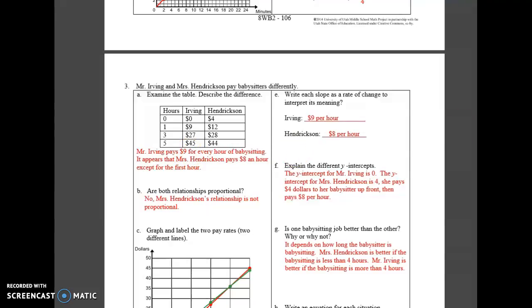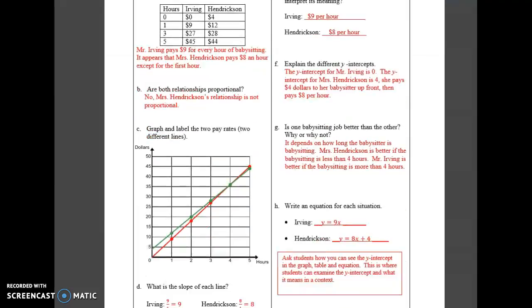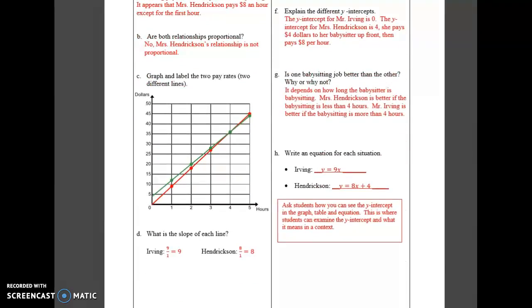Let's move this up and we'll do these bottom questions here. So it wanted us to graph and label the 2 pay rates. So up from that table up above, we needed to graph them. So the red line, this is Mr. Irving, so he was at 0, 0.